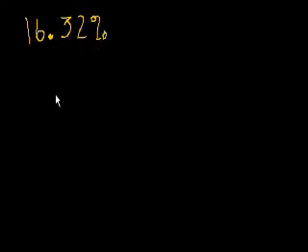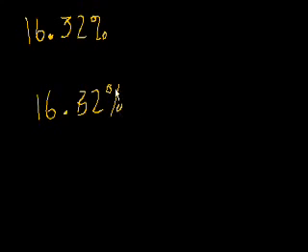If I were to tell you that, let's say, 16.32%, well, let's just do it the way I just showed you. I'll rewrite it down here: 16.32%. So if we get rid of the percent sign, scratch it out, we just have to move the decimal over 2 spaces to the left.